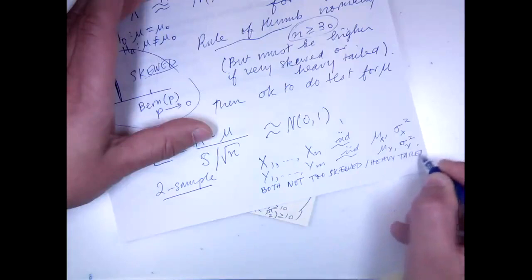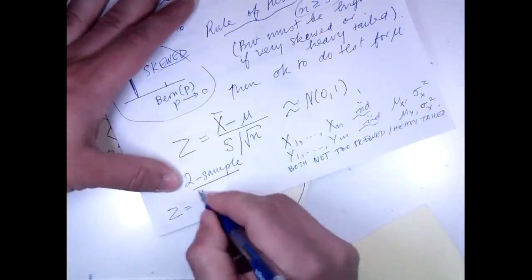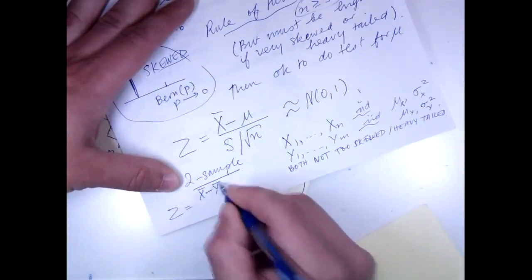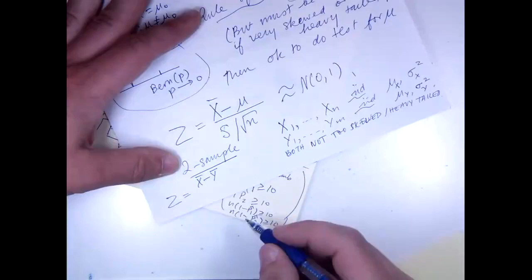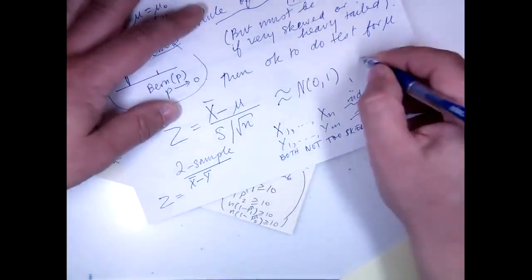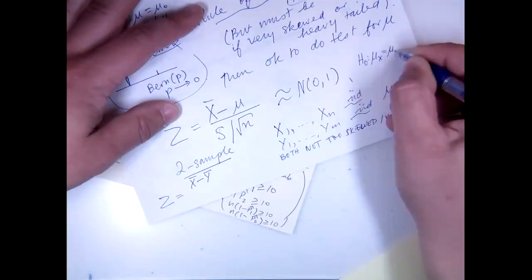If they're both not too skewed or heavy-tailed, your z is going to be x bar minus y bar, and even if you wanted to do, okay, H naught: mu x equals mu y plus a constant.